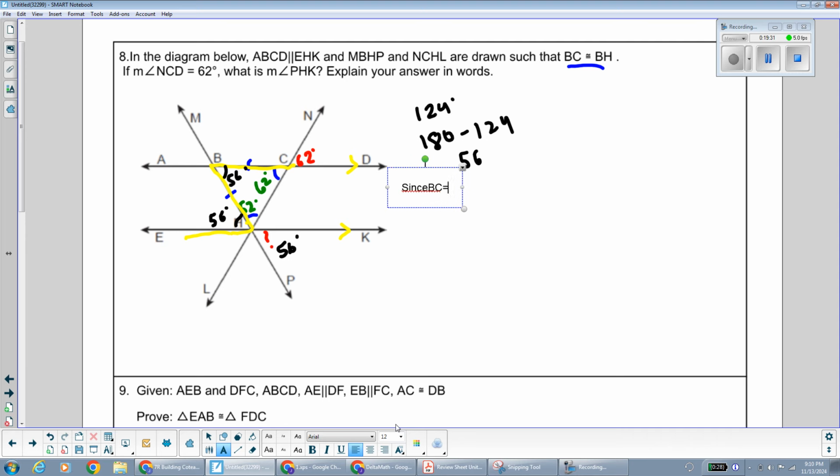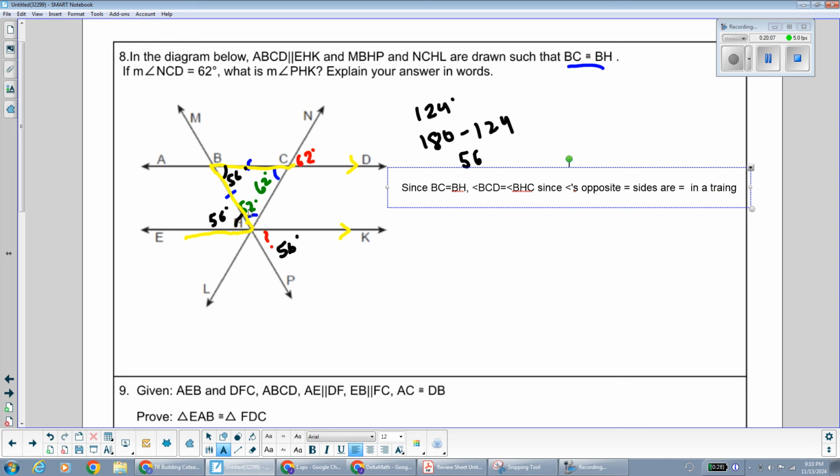Since BC was given as congruent to BH, angle BCH equals angle BHC, since angles opposite congruent sides are congruent in a triangle.